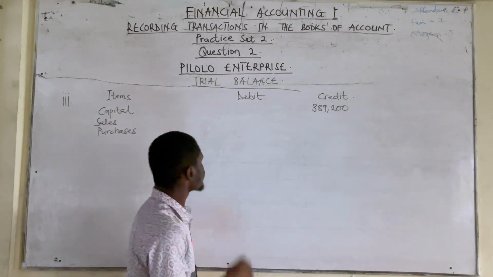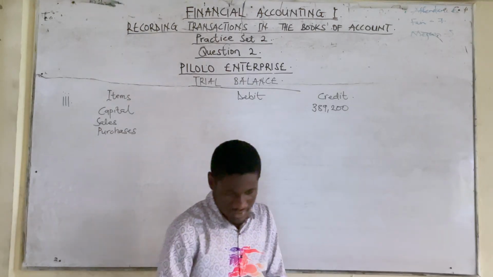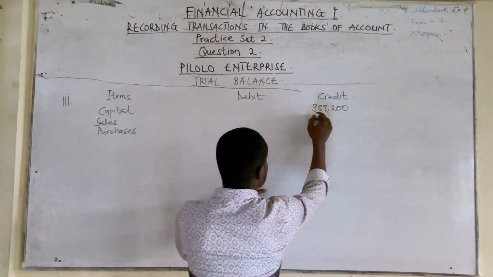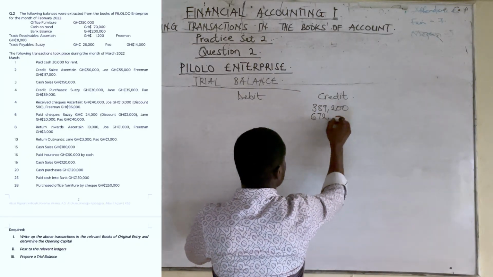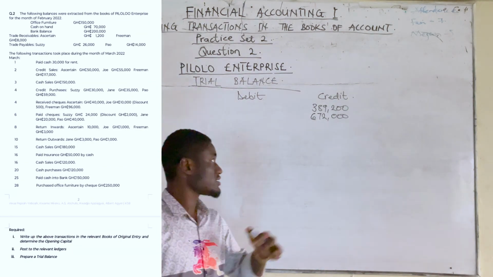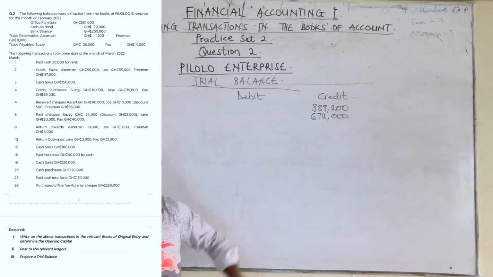Good. So with the sales and purchases, we have 672,000. The addition of the cash and credit sales, we had 672,000.